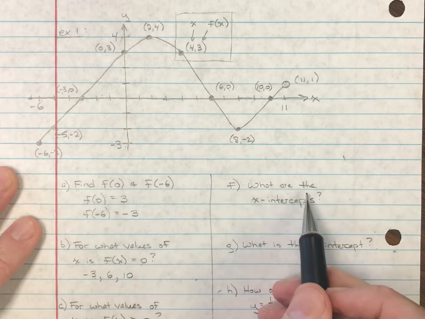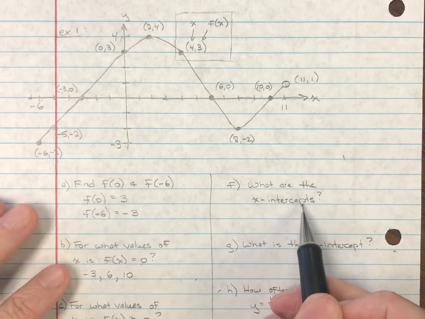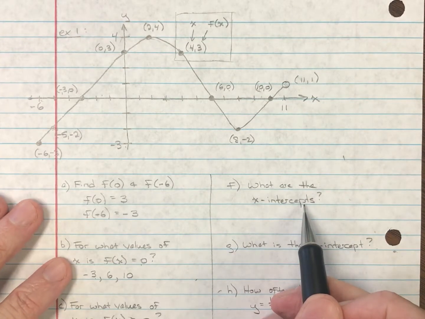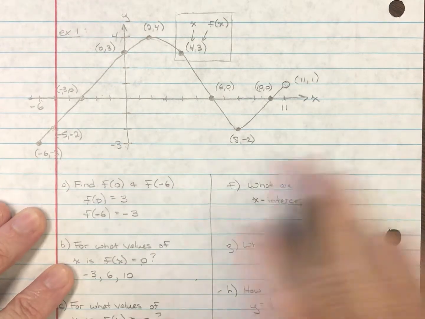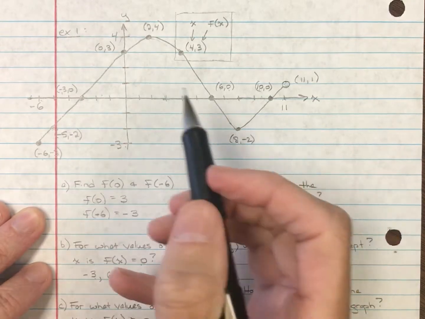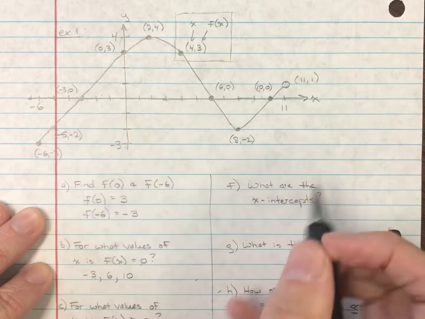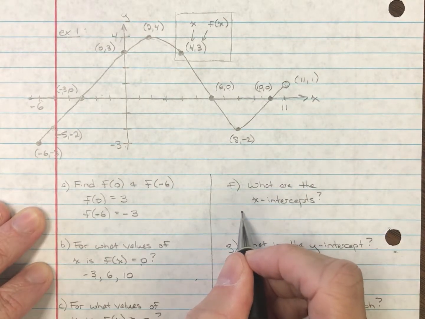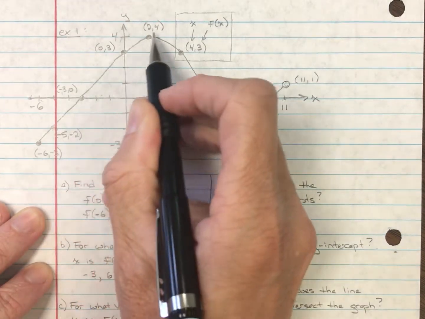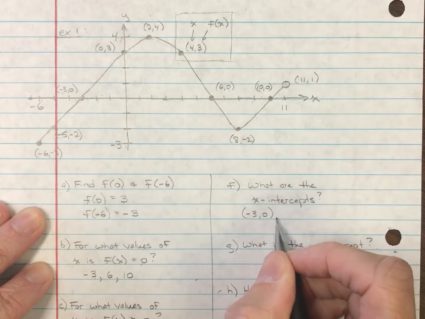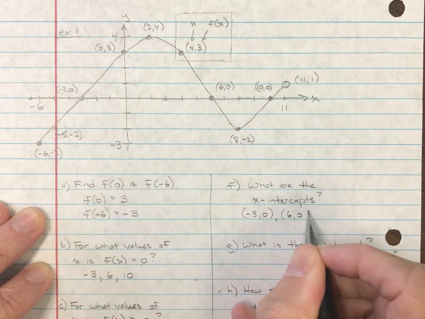Letter F. What are the x-intercepts? Where does this graph cross the x-axis? Well, it crosses in 3 places. One x-intercept is at (-3, 0). It crosses the x-axis here at (6, 0).